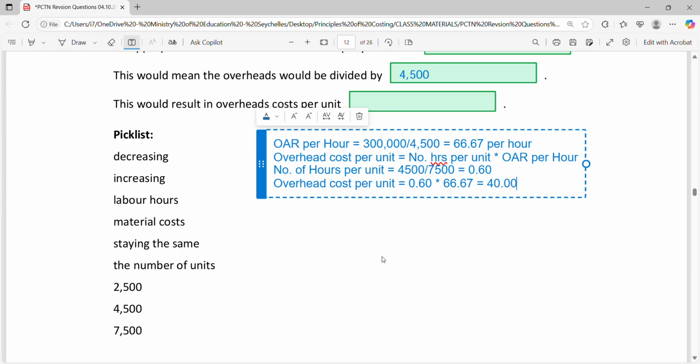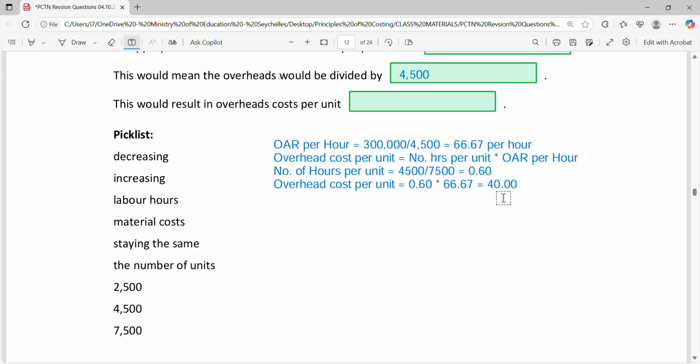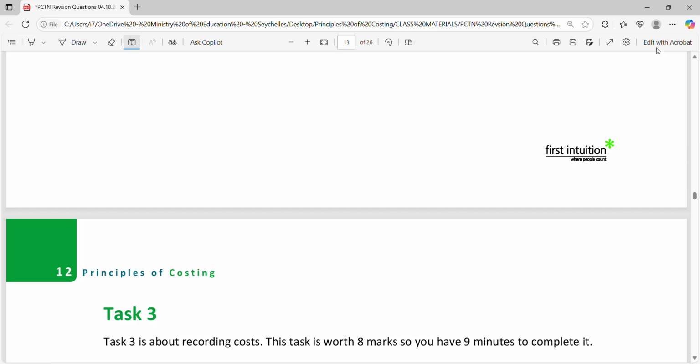The answer that you get there, this one times this one, is 40, which is the same as this. So that's the answer here. This would result in overhead cost per unit of 40. Okay. Good.